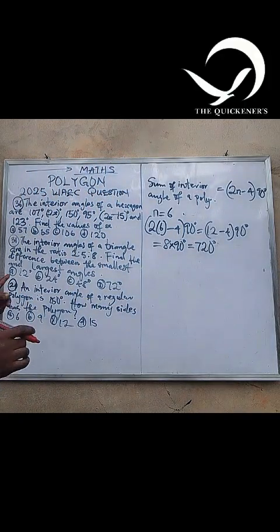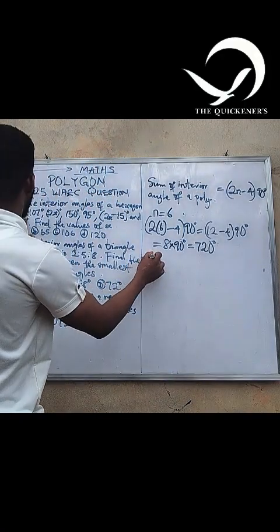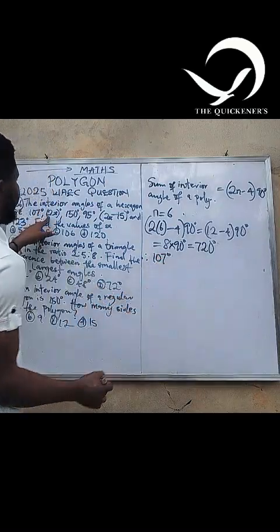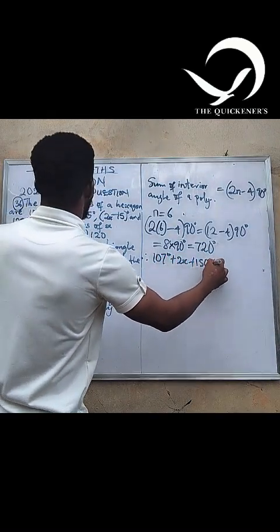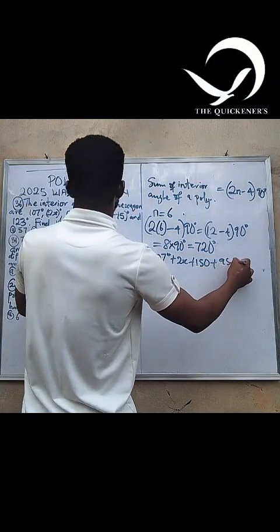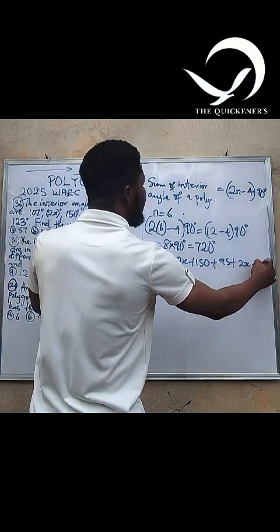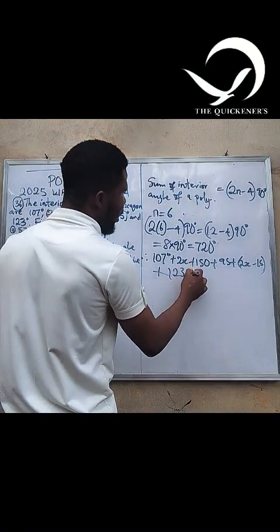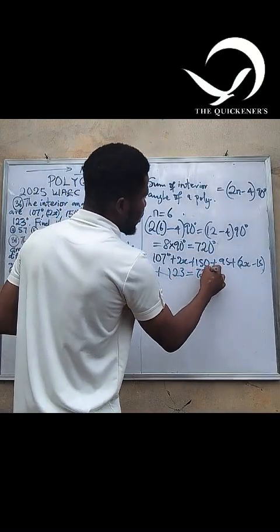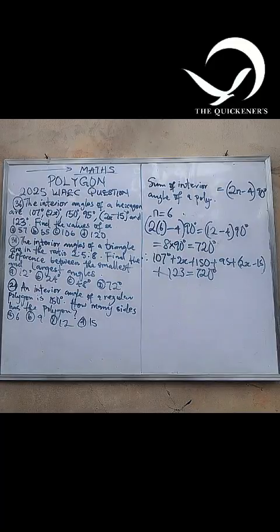You understand? Therefore, 107 degrees plus 2x plus 150 plus 95 plus 2x minus 15 plus 123 all will equal 720 degrees. I hope you understand that.